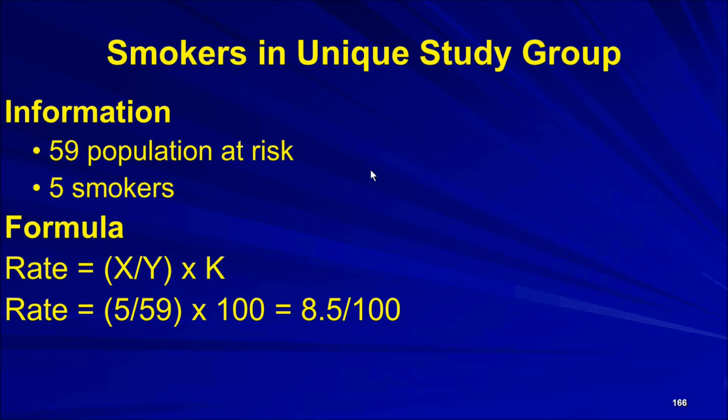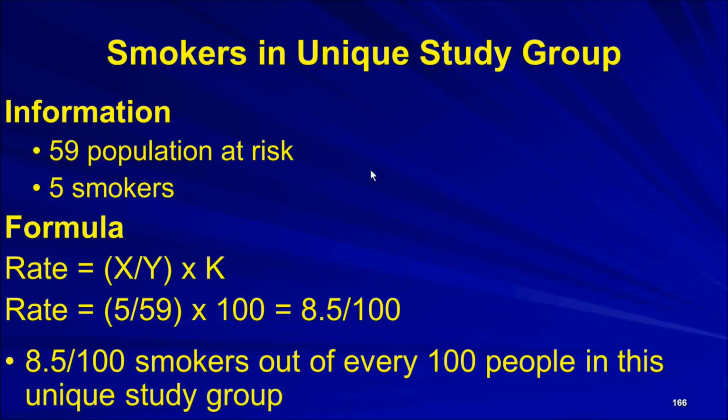So 8.5 per 100 people smoke. 8.5 people per 100 hypothetical reference group people smoke. So that's what we would be saying. 8.5 per 100 people smoke. And that gives us a rate. Okay? And so we said they were related. The numerator and the denominator were related.